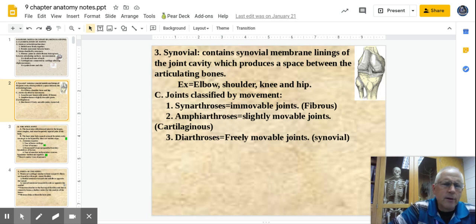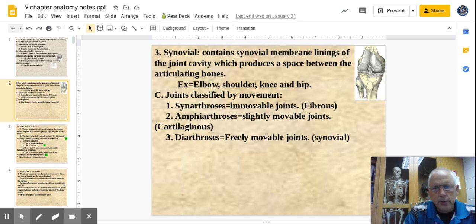And then it gets a little crazier with naming. What about movement? So you'll see that these are the same joints, just a different name. Arthrosis is a fancy Latin word for joint. Syn means without, so without joints or without movement. So those are immovable joints or fibrous joints, one and the same. Amphiarthrosis, you guessed it probably. Amphi means slight, so slight movement.